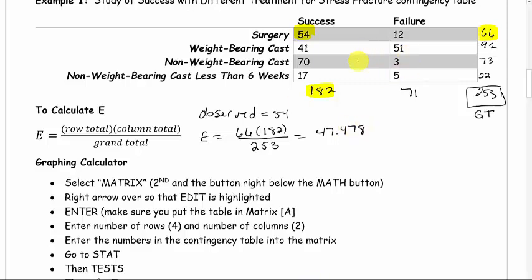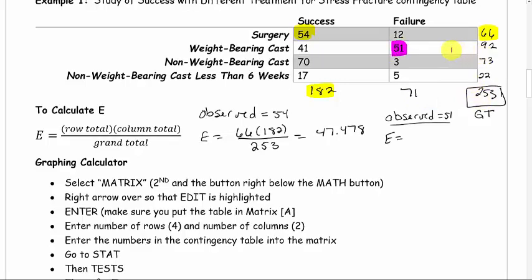Now let's take a look at calculating the expected value for 51. So E is going to be 92 times 71 divided by 253.